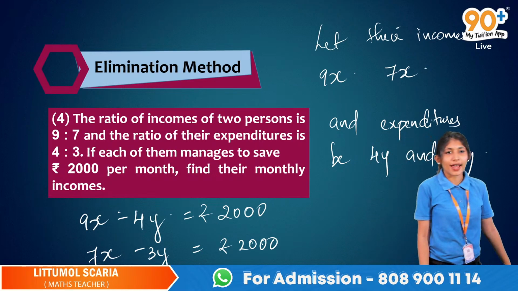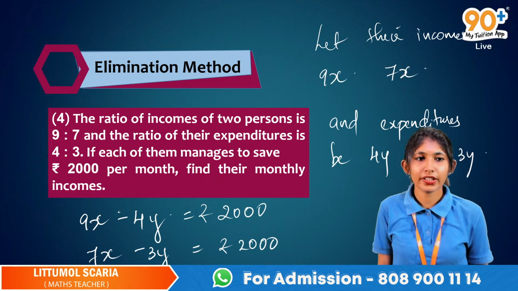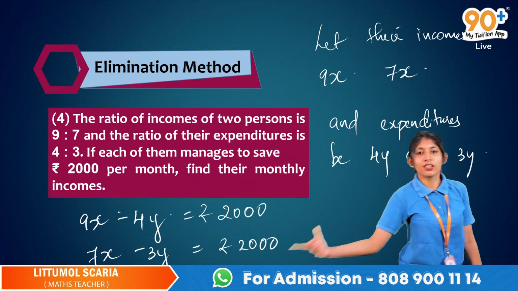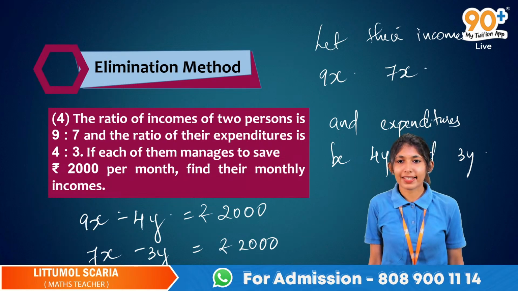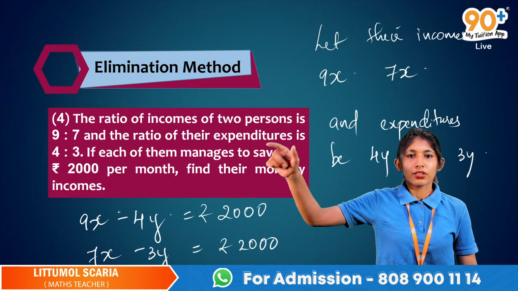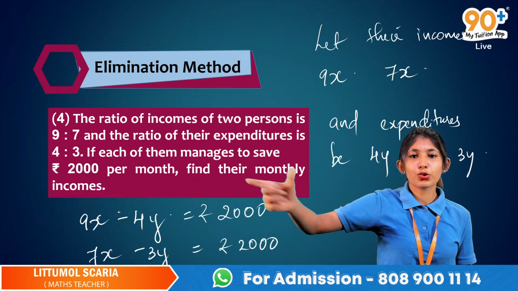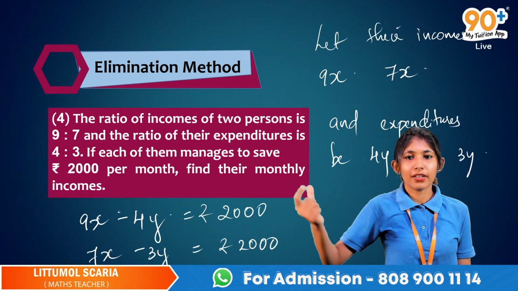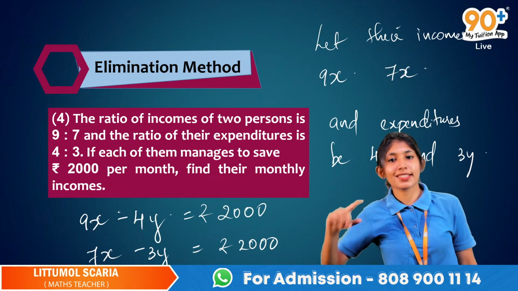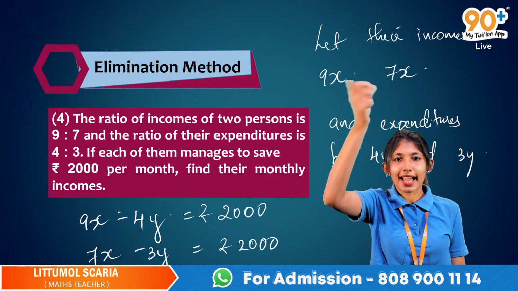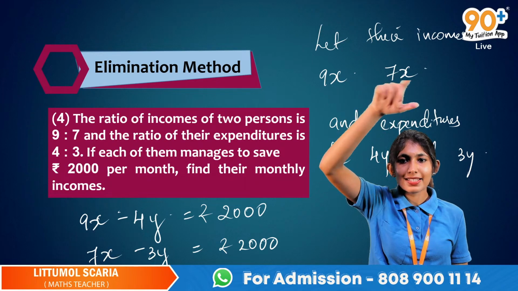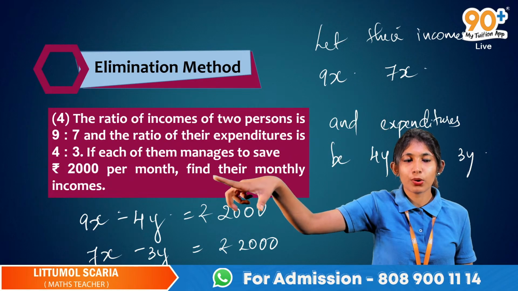So here we have to find the values of x and y. Is it exactly the same? No. Here we have to find the incomes of the two people, which are 9x and 7x. That's what we are supposed to find.